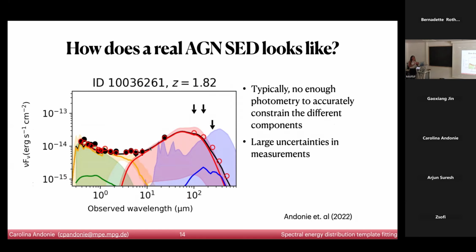And we are not able really to say much about it. And here, I will talk about this later, but it is very important what SED fitting code we use, because some SED fitting codes only apply grid interpolation, and they will just give you a number with error bars, but other SED fitting codes will give you the entire posterior distribution, so you can actually see how large your errors are, etc.